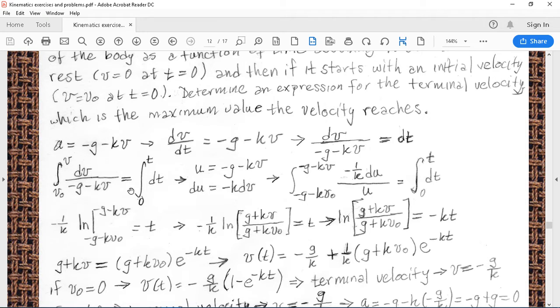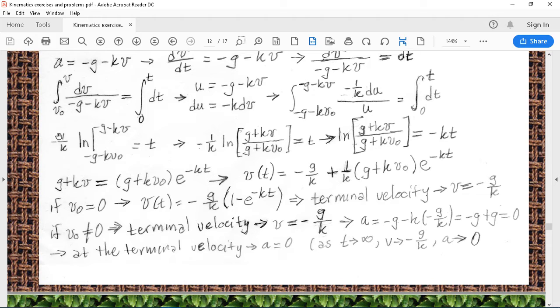So this expression changes to this one, and we still have the dt. The integral is to be evaluated between these two integration limits for time, and this integral for u is to be evaluated between these two integration limits, minus g minus kv0, and here we have minus g minus kv.